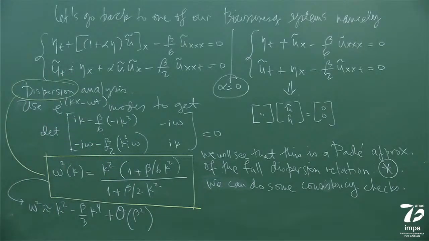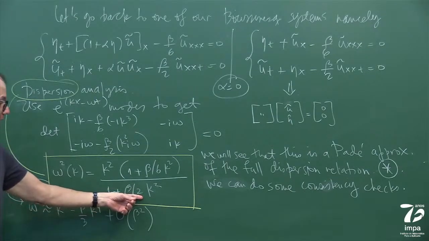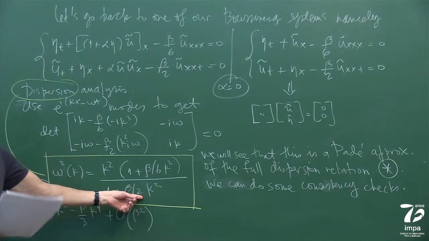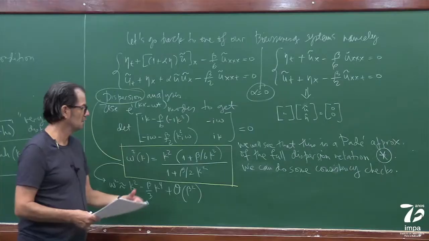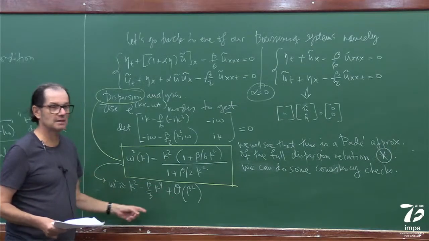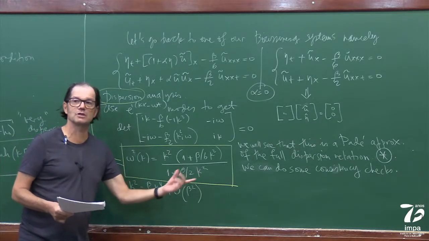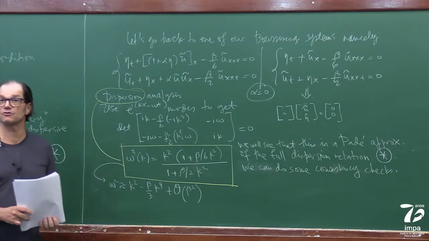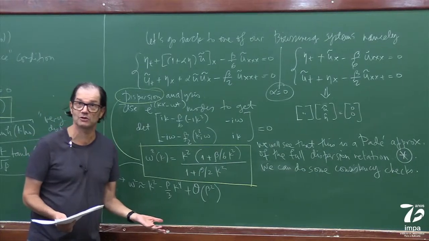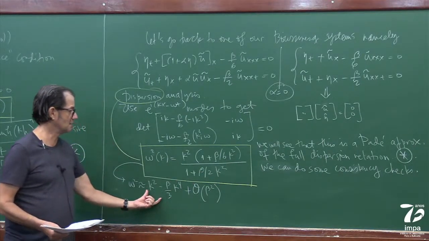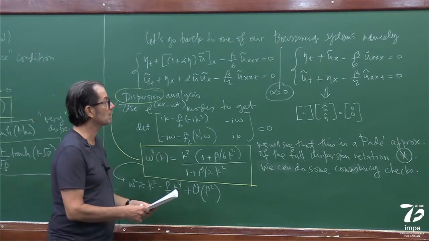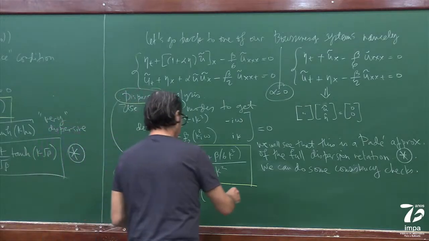More details are given in the notes, but how did I get that? That's very simple. This guy here, I can expand it, and I get this. In particular, if this is small, you can even use the first terms of the geometric series. But if you expand, you get this.